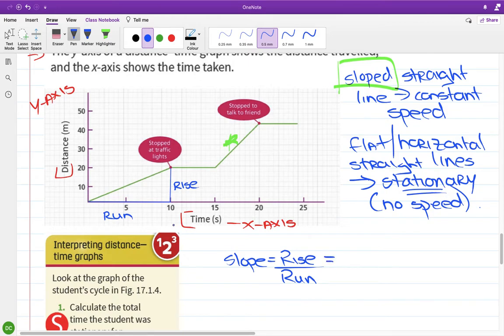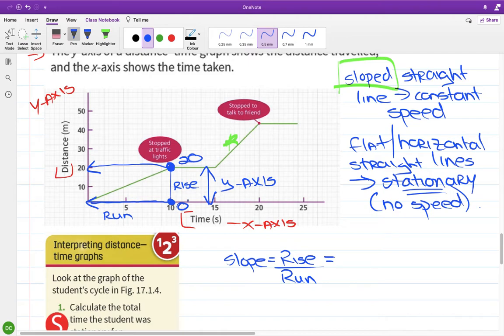In this case, when you do the rise, you're looking at an up and down direction, so you look over here to the y-axis. So for the rise, you're looking at the y-axis. It starts here, which on the y-axis is 0, and goes up to here, which on the y-axis is 20.